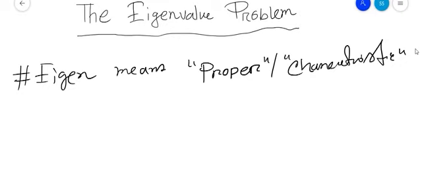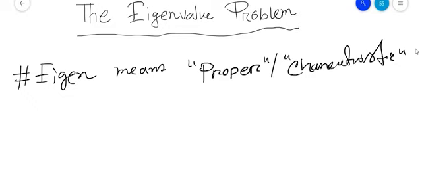The reason for giving this problem this name has its own reasons, and when we see that in terms of mathematical operations it will be more clear to you guys. So let's get started.